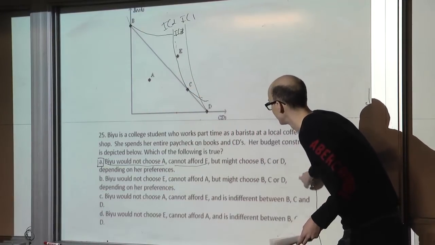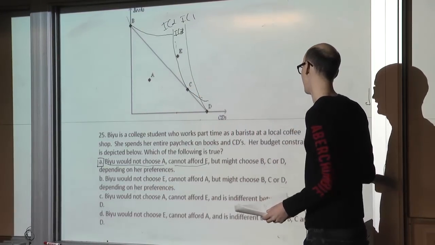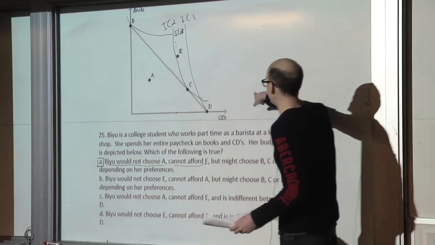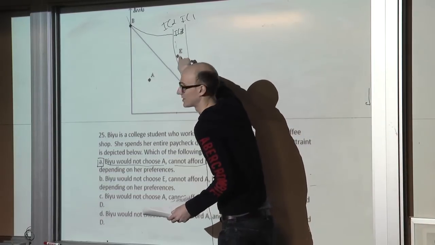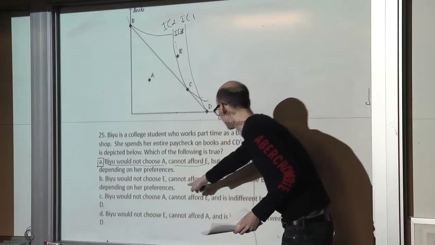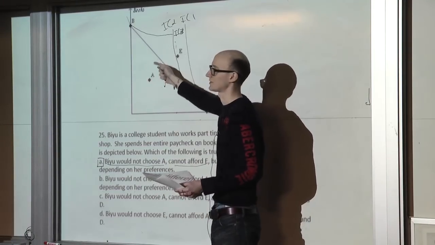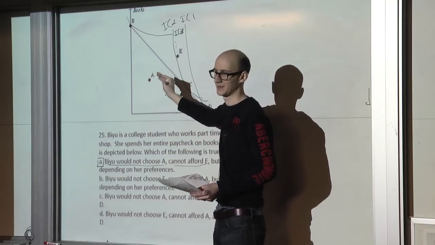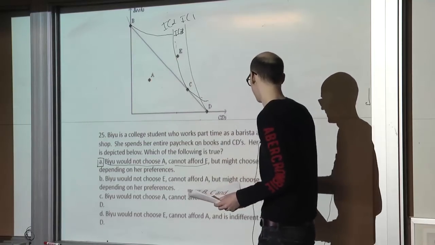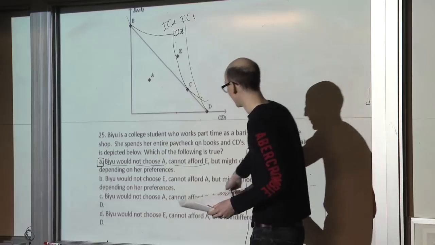If we look down, B is Bayu would not choose E. She wouldn't choose E because she can't choose E. She cannot afford A. She obviously can afford A because it falls within her budget constraint, right? And the other stuff doesn't matter because both of those are wrong.